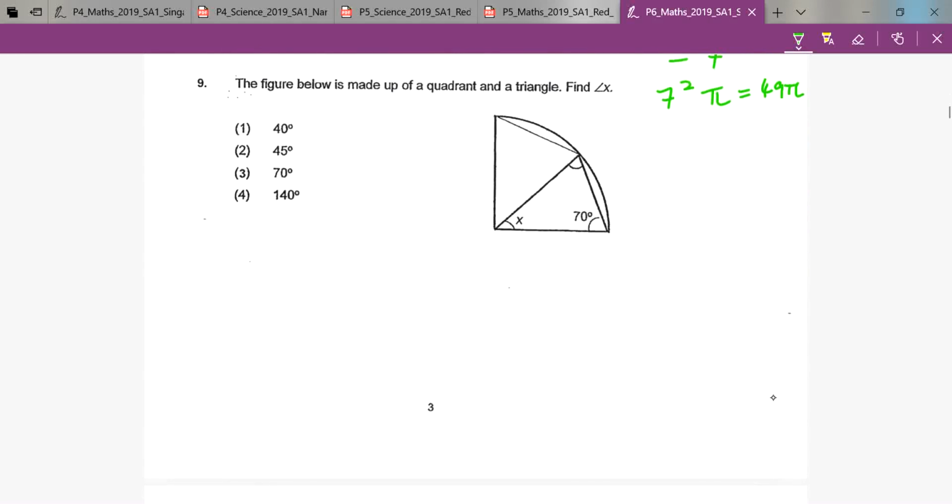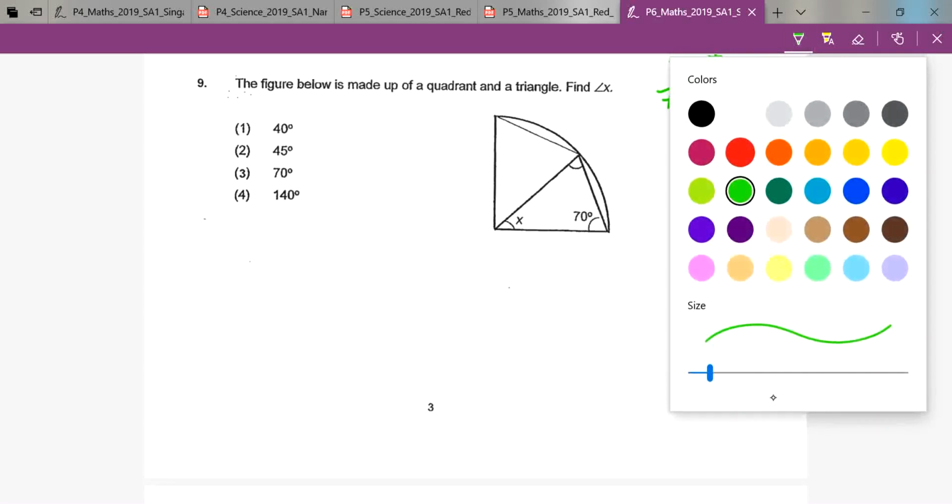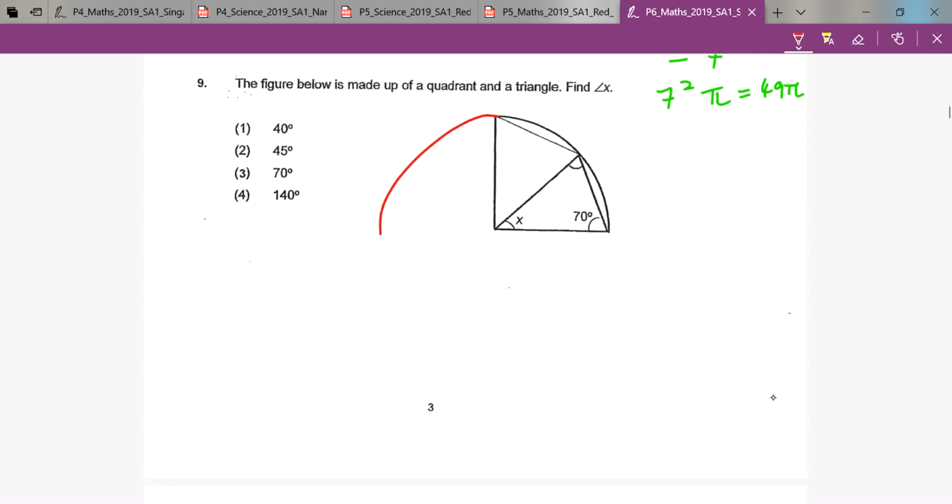Next question. The figure below is made out of a quadrant and a triangle. Find angle x. Okay, so a quadrant. What is a quadrant? Quadrant is a quarter of a full circle. Okay, I can't really draw a circle very well here, but it's a full circle. Alright, and what is the property of a circle?